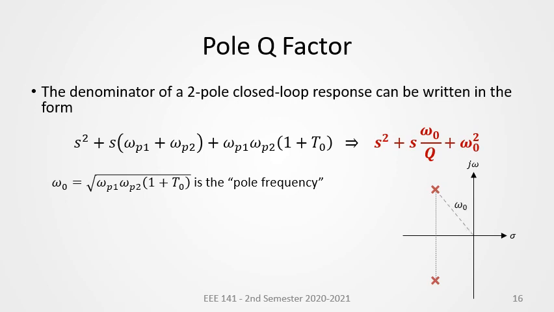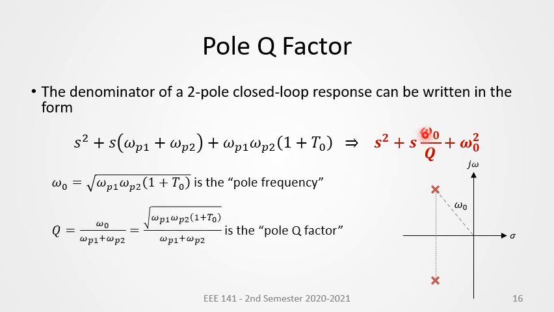For a complex conjugate pole, omega naught is the distance from one of the poles to the origin of the s-plane. Meanwhile, by inspection, Q must be equal to omega naught over omega p1 plus omega p2, but using this expression for omega naught, we get that Q, or the pole Q factor, is equal to the square root of omega p1 times omega p2 times 1 plus T naught over omega p1 plus omega p2.